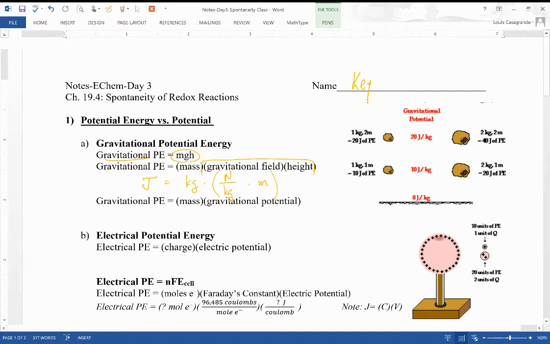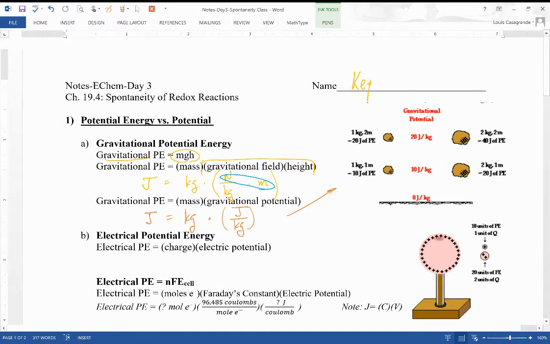And if we also group our two units of newtons and meters, the joules in the gravitational potential energy is equal to the kilograms times newton times meter, which is just a joule. So we've got joules divided by kilograms. And this is giving us the gravitational potential, which is illustrated in the diagram up to the right.